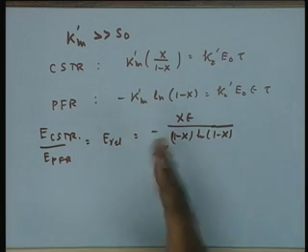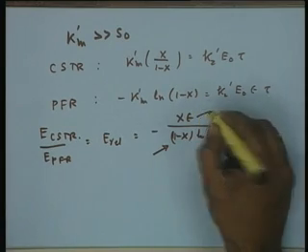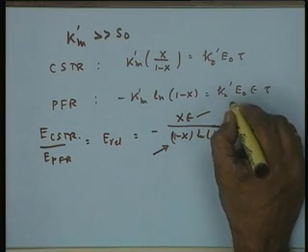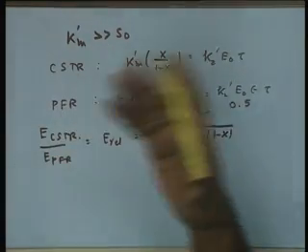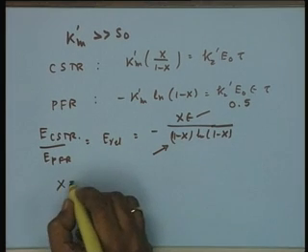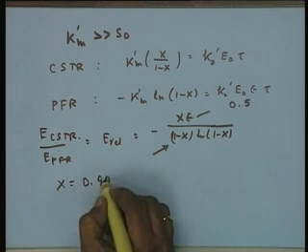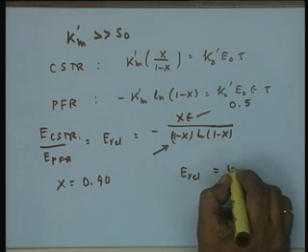You can hypothetically put some values. A safe value for epsilon for a typical packed bed reactor is, let us say, 0.5, varying between 0.4 and 0.5. Taking 0.5, if we make the calculation for x equal to 0.90, the E relative required will be equal to 4.5.